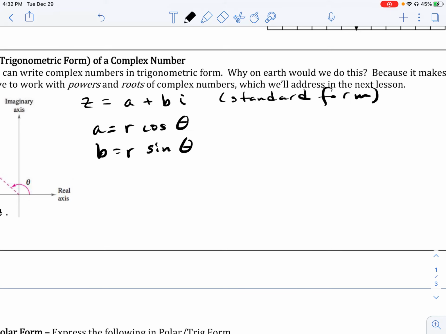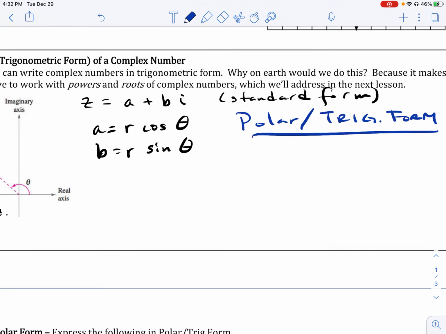In polar or trig form, this complex number can be written as r cosine theta plus r sine theta times i. So this is our a, this is our b. So a plus bi is written this way in polar or trig form.